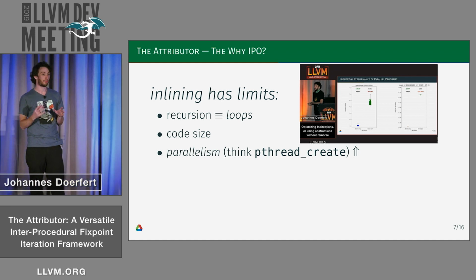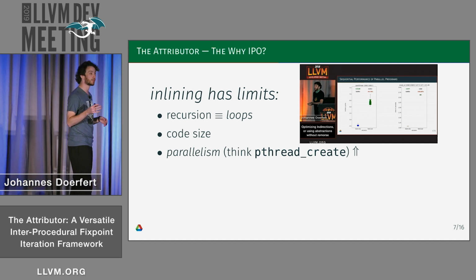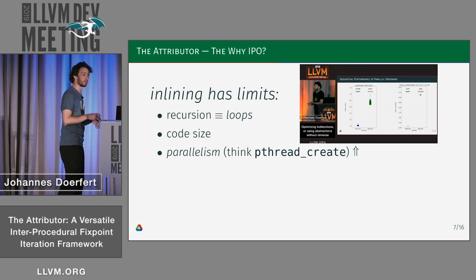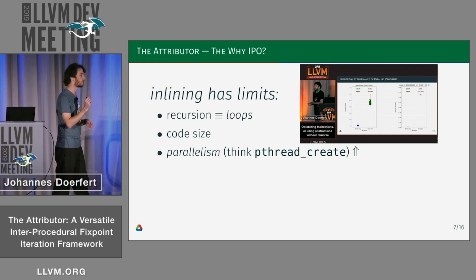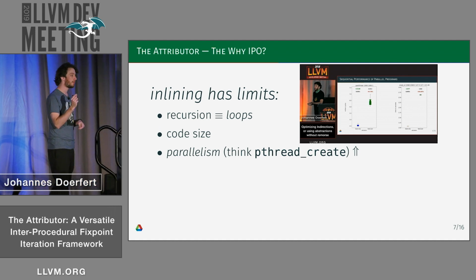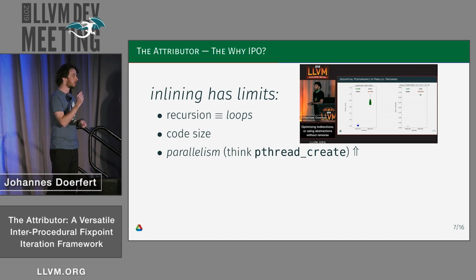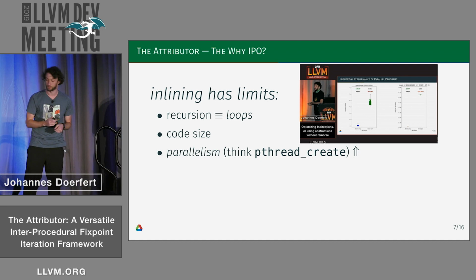If you write a new attribute deduction in the attributor, it will actually work for parallel programs as well. It comes with a little caveat and a little extra cost you have to pay in terms of what you're not allowed to do or what you have to check, but you can easily opt out of this. Generally, it's designed to work even in parallel situations.